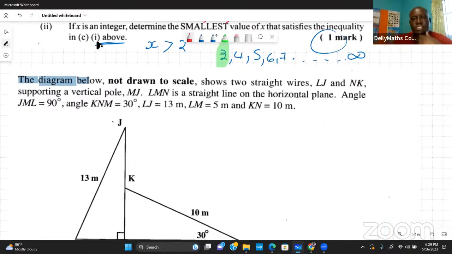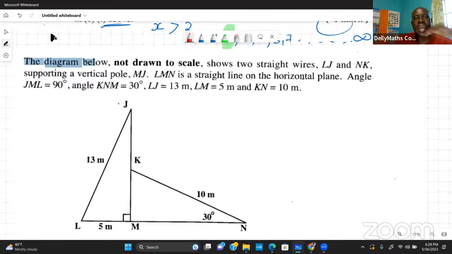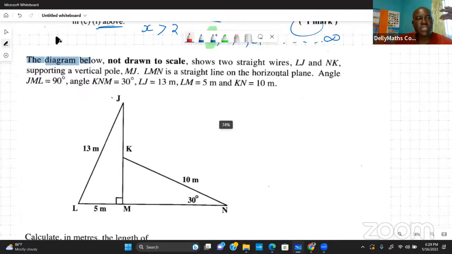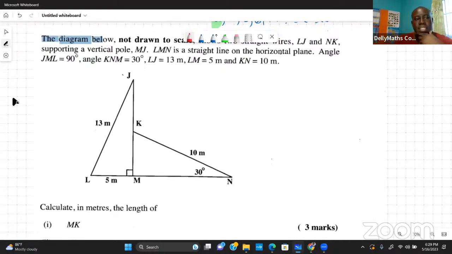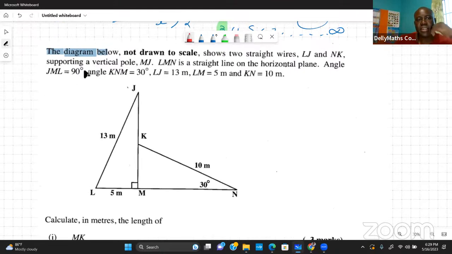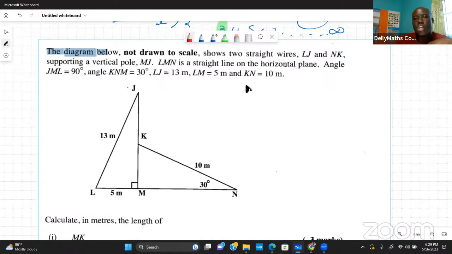All right, let's now continue. Now we want to use some tricks. Tricks are all over your paper. So let's see what this one is. It says here, the diagram not drawn to scale shows 2 straight wires, LJ and NK, supporting a vertical pole, MJ.